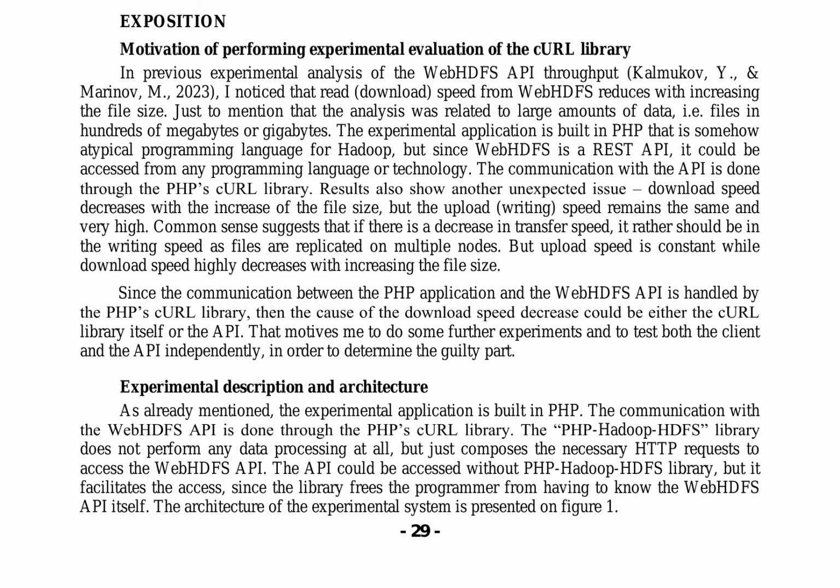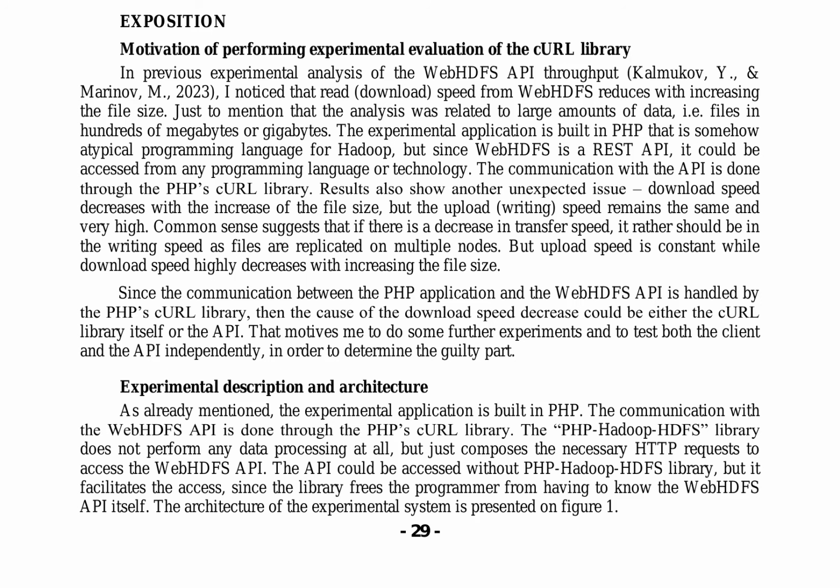The experimental application is built in PHP, utilizing the PHP Hadoop HDFS library to access the Web HDFS API. The library composes necessary HTTP requests to access the API, facilitating access without requiring knowledge of the Web HDFS API itself.